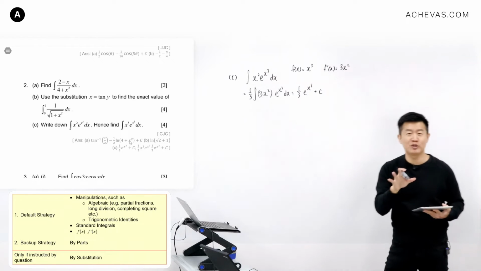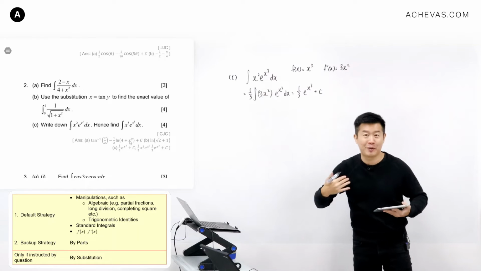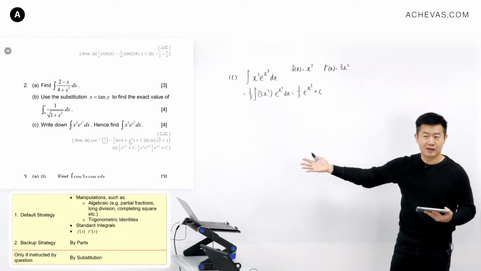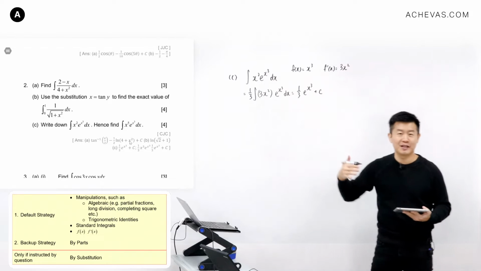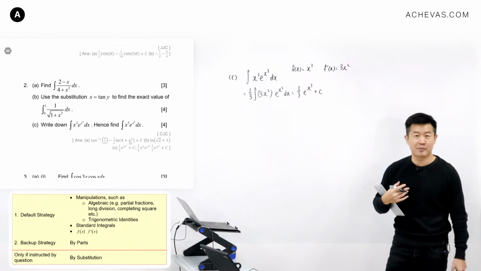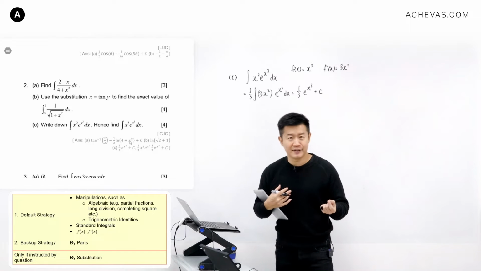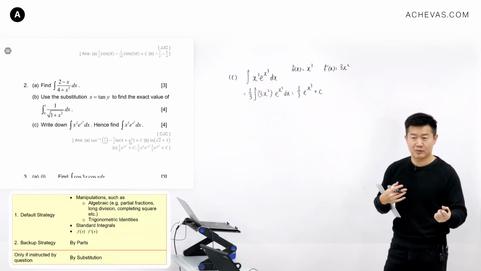So please don't allow yourself to be tricked by yourself into thinking that integration by parts is supposed to be prioritized before standard results and f(x) f prime x. But why is it that integration by parts shouldn't be prioritized? Of course, if you have experience in that particular integral and you realize that integration by parts is going to work, go ahead and try it, okay?